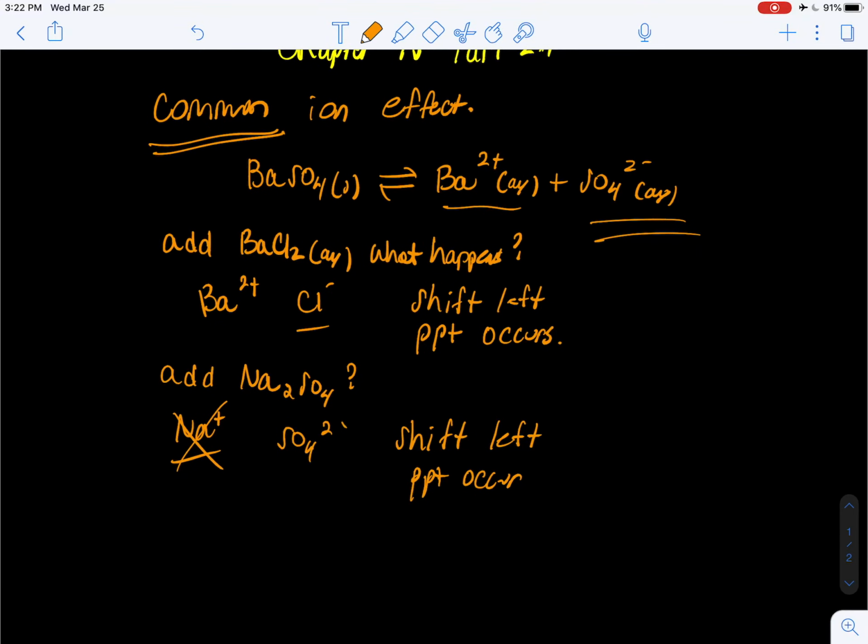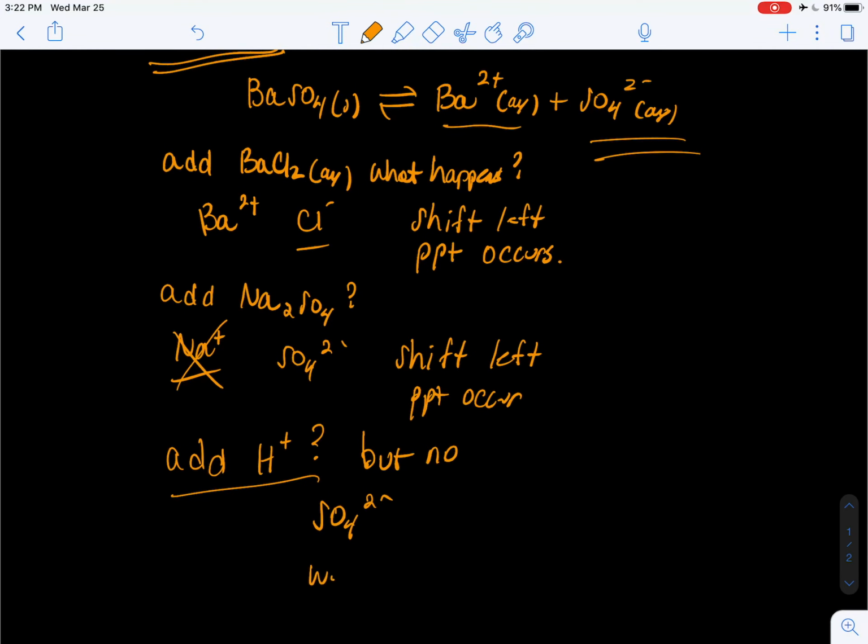Okay? What would happen if we added H plus to this chemical reaction? You might think, well, nothing. It's not part of the products or the reactants, and it looks to be a spectator ion. But no. Sulfate is a weak base. It can react with H plus to give you bisulfate.